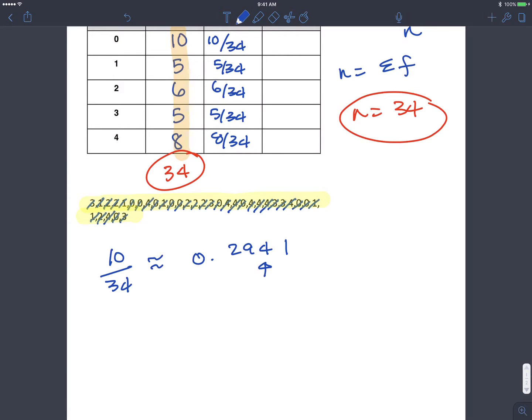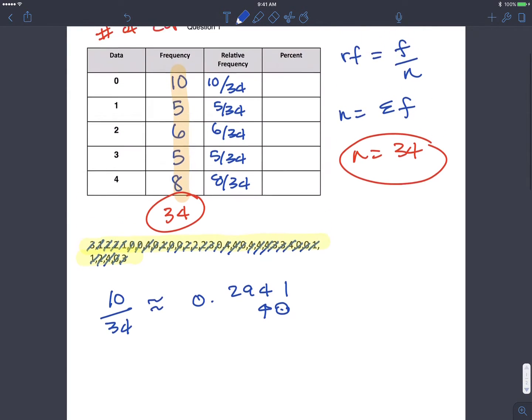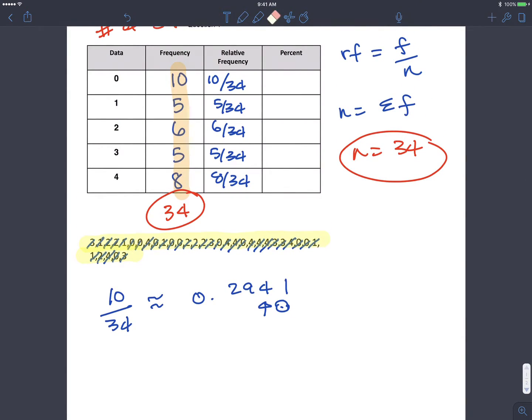Now this 4 is in the thousandths position, and we look at the digit to the right. Since it's a 1, we just simply know that 10 over 34 is really 0.294. So I replace this fraction here with 0.294. That's going to be our first relative frequency value approximated to the nearest thousandths.